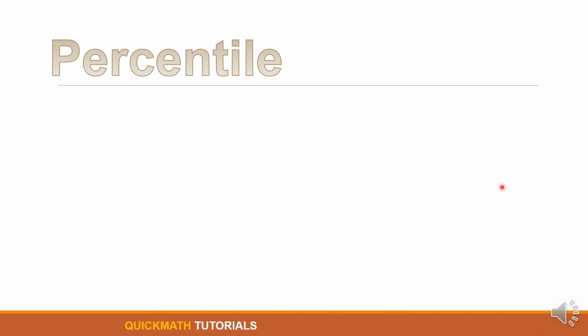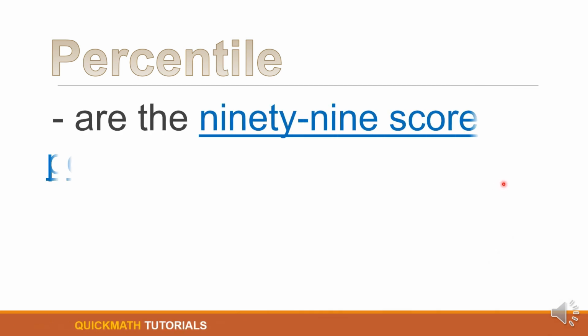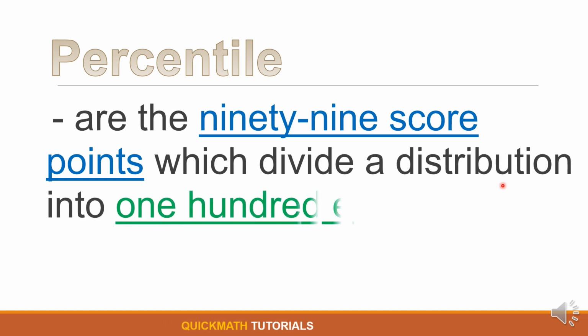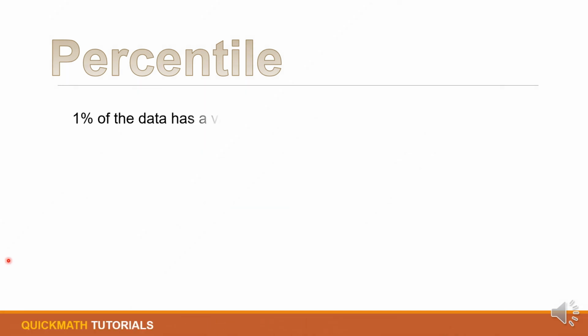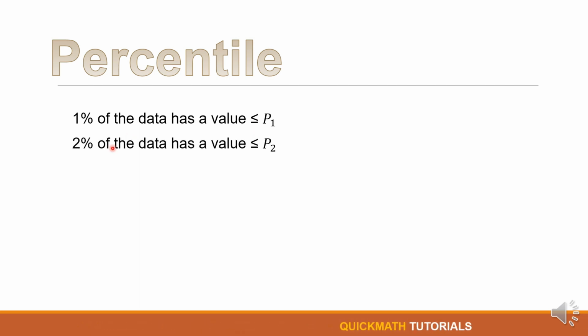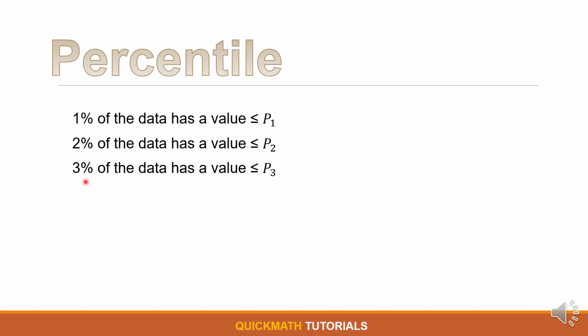Last, we have the percentile. Percentiles are the 99 score points which divide a distribution into 100 equal parts. We have 1% of the data has a value less than or equal to P sub 1. 2% of the data has a value less than or equal to P sub 2. 3% of the data has a value less than or equal to P sub 3.